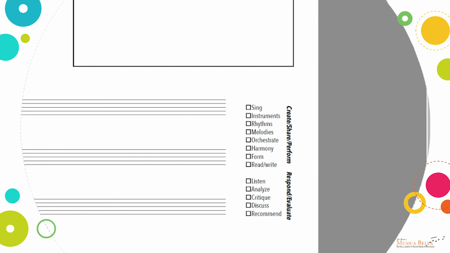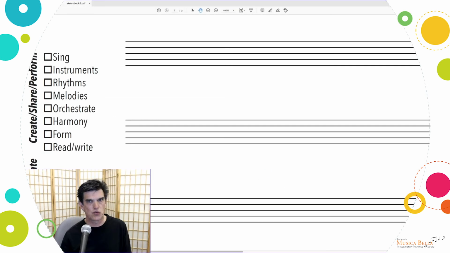This will help us keep them honest. And it's a great way for documentation. Show your administrator, and I'm sure she or he will be delighted that you're using something that asks your young musicians to reflect on what they're doing.